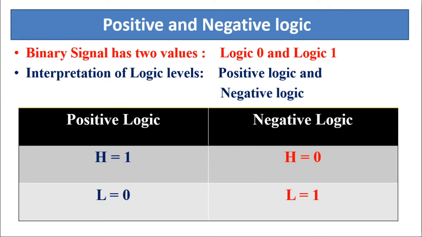Positive and negative logic. Most digital logic gates and digital logic systems use positive logic, in which a logic level 0 or low is represented by a 0 voltage or ground, and a logic level 1 or high is represented by a higher voltage such as plus 5 volts.